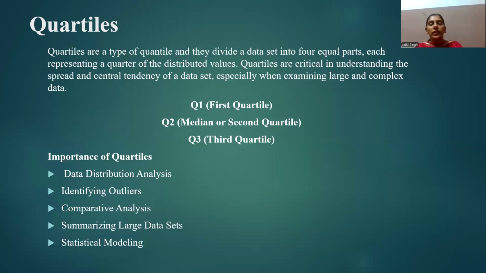The lower quartile is another name for the first quartile, denoted by the letter Q1, as you can see on your screen. The median is the second quartile, denoted by Q2. And the third quartile refers to the third part of the area, denoted by the letter Q3.